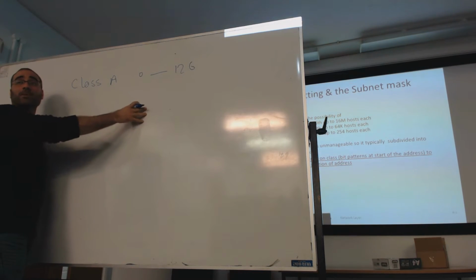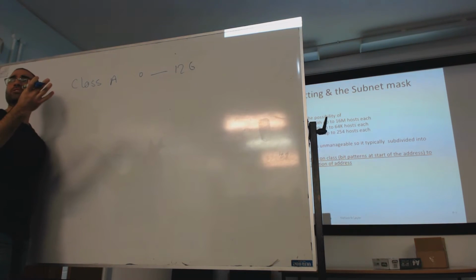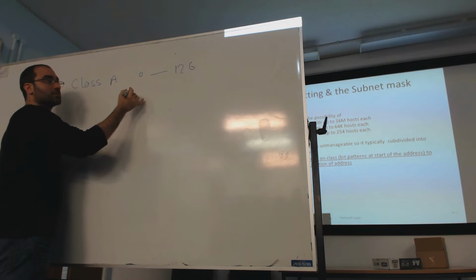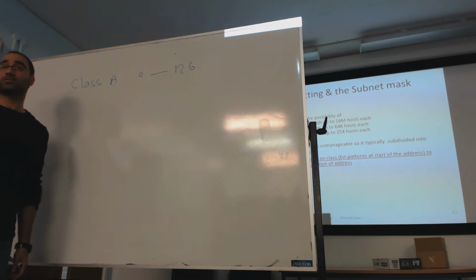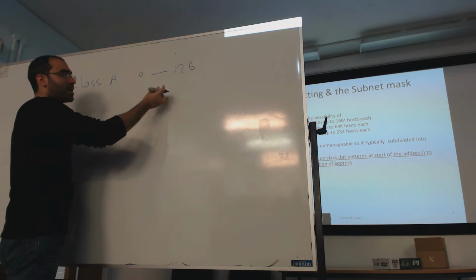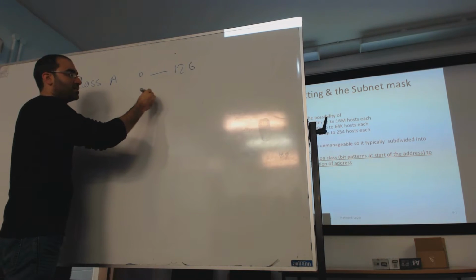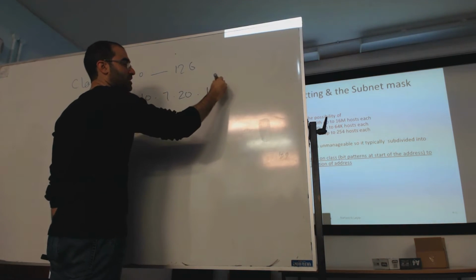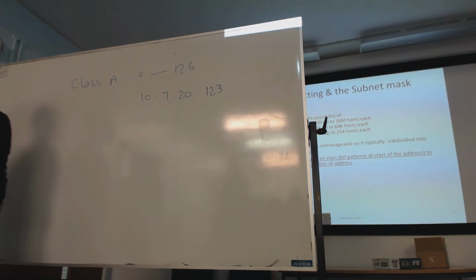So if I would write an IP address, how many bits is an IP address? Let's put that there. Bits. How many bytes? 32, exactly. So there are 4 bytes, 32 bits. Any IP address can look like this: 10.20.1.2, for example. That's your 4 bytes of your IP address.